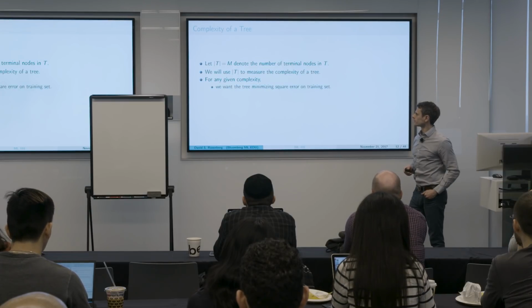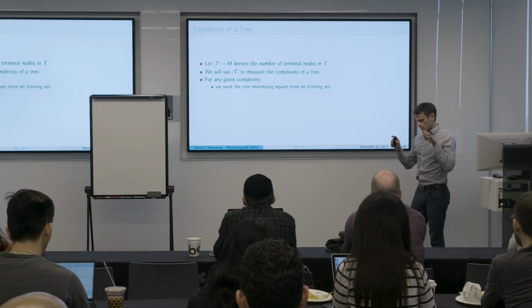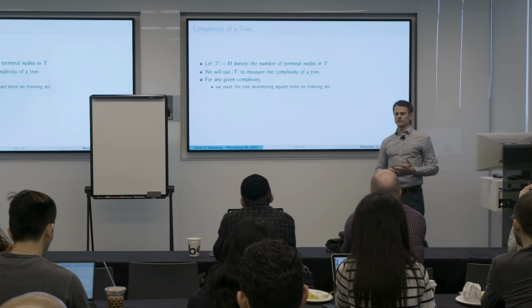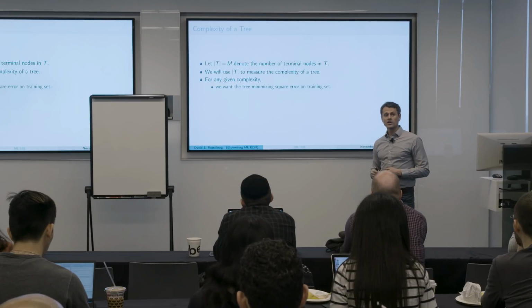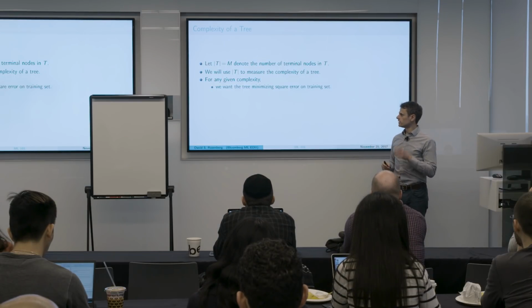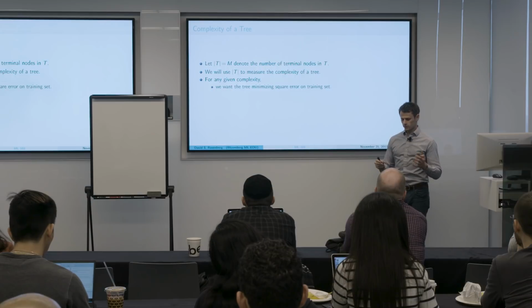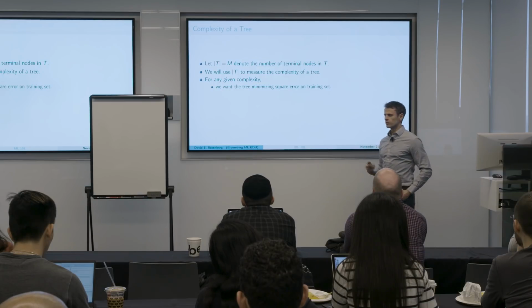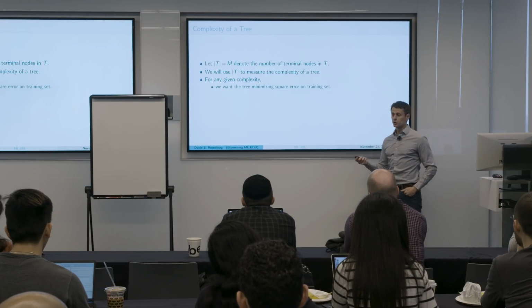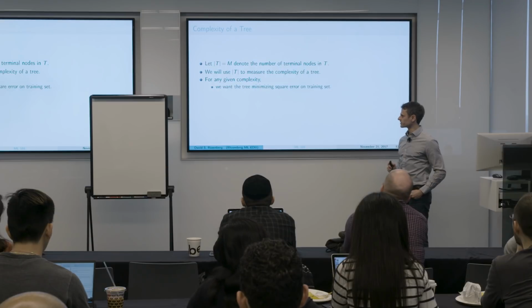OK. So if you define a measure of complexity, such as the number of terminal nodes, a natural question is, what tree fits my training data as well as possible, subject to my constraint on the complexity? That would be the natural empirical risk minimization type of question to ask.